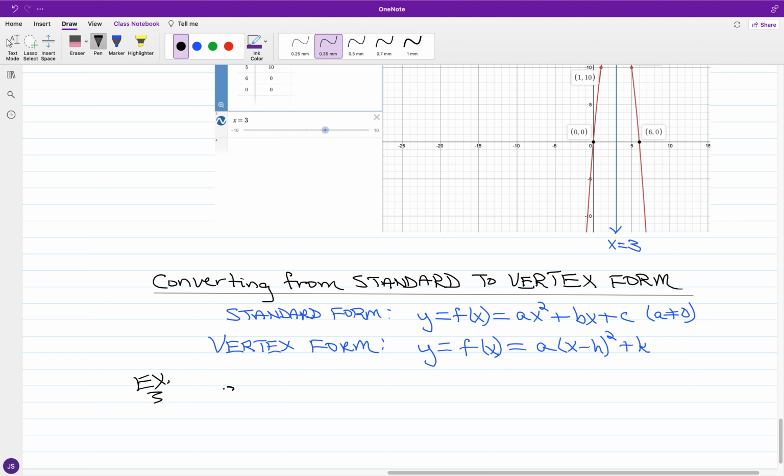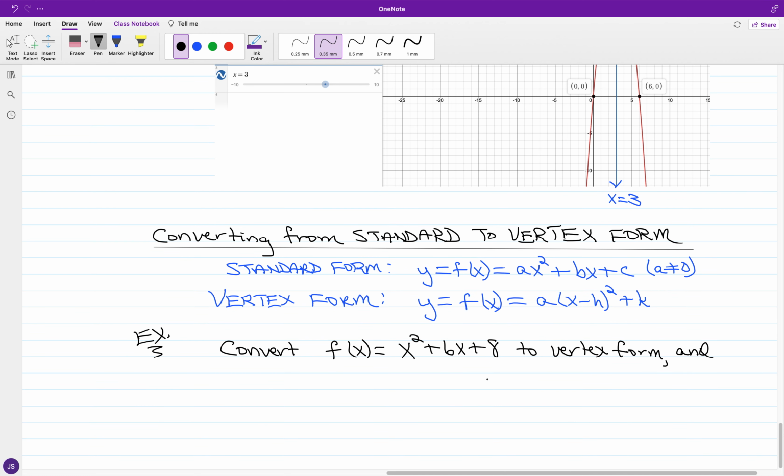And let's say we have f of x is equal to x squared plus 6x plus 8. Convert to vertex form, and then determine the vertex.